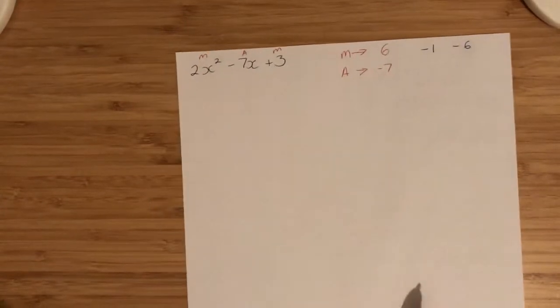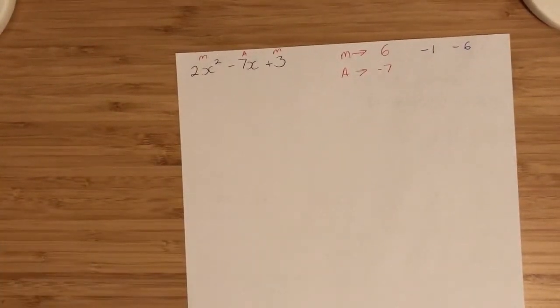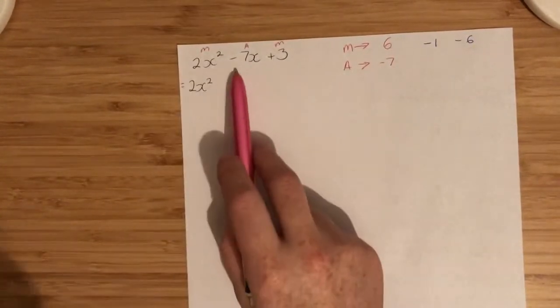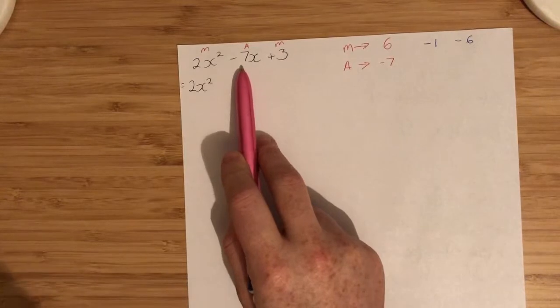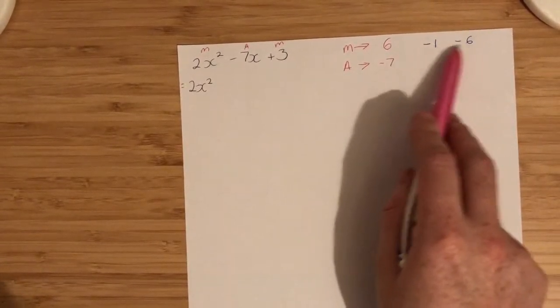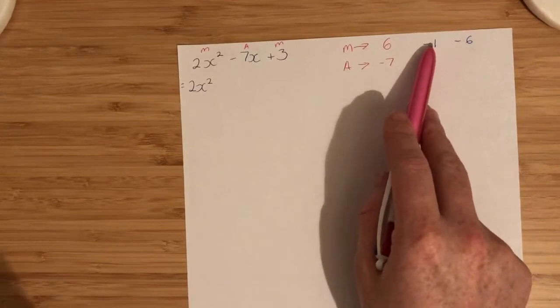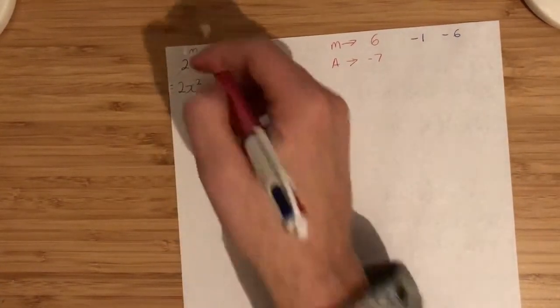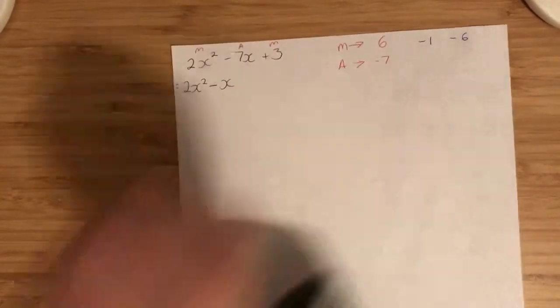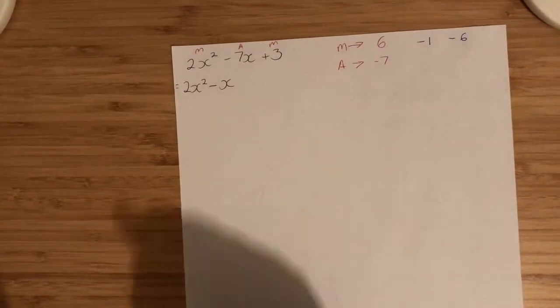Okay, so we can go back to the equation. Now this is where it gets a little bit different. The 2x squared is going to stay exactly the same for now. Now this -7x here, we're going to break up into two different terms using these numbers here. And this is where we put the x back in. So -1x we write first. Now we don't need to write the 1 if it's a -1x, we just need to do -x, it's the same thing.